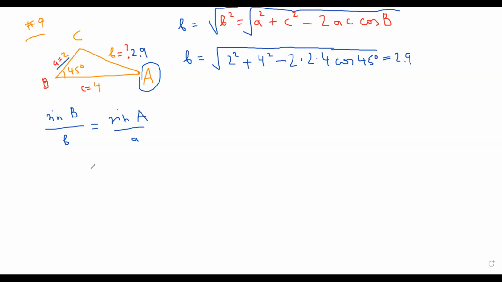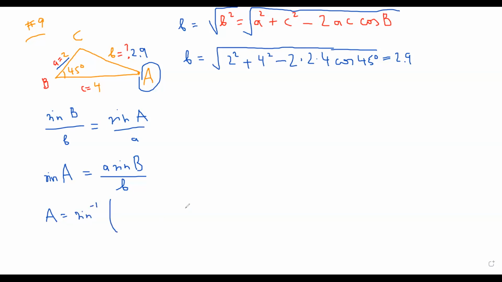So it looks like if I need to get sine of A pulled out, because I'm looking for the angle A, then this is going to be a times sine of B divided by that little b, right? So that's how I get sine of A. And then also I'm going to have to use the arcsine.